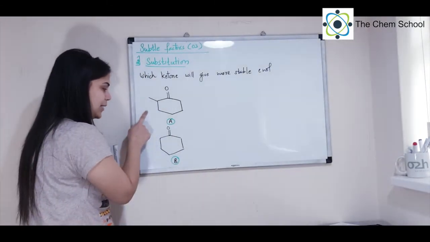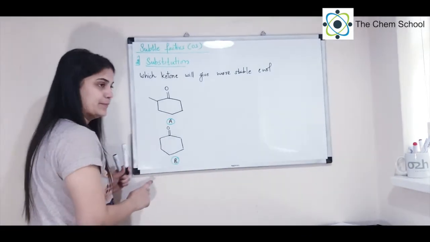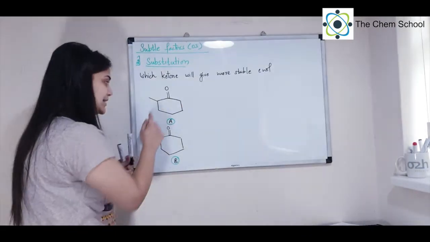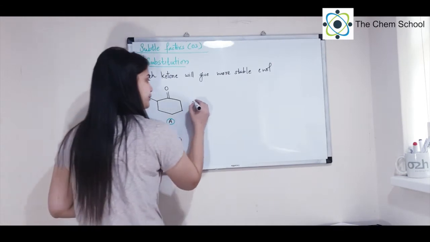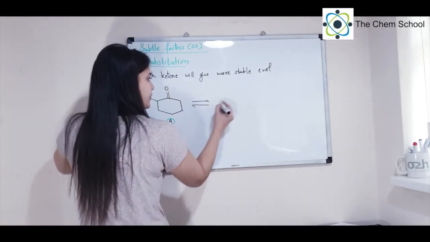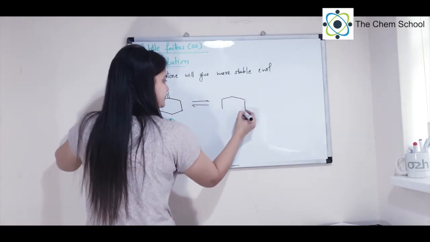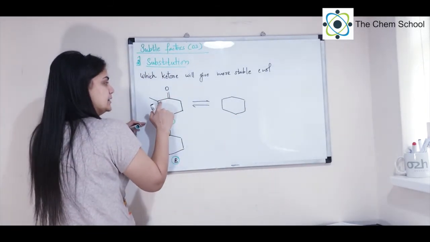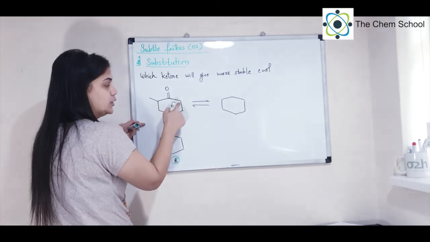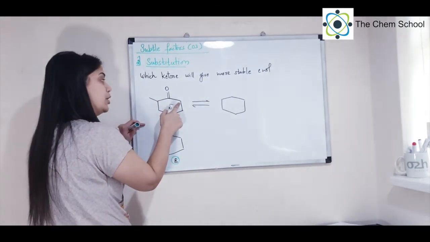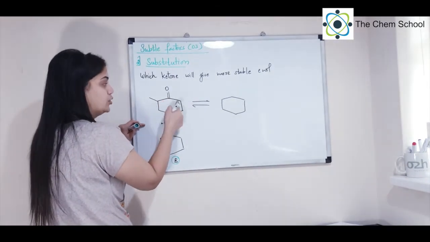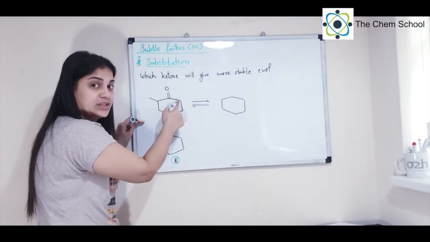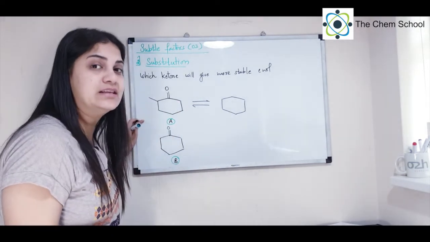तो have a look, यहाँ पे मैंने 2 कीटोन लिया है, that is A and B. In this case अगर इसका टॉटोमर आपने ड्रॉ किया, so what will you get. See in this case this also has alpha hydrogen and this also has alpha hydrogen. So double bond can be formed over here and double bond can also be formed over here. But आपको पता होना चाहिए that substituted alkenes are more stable.